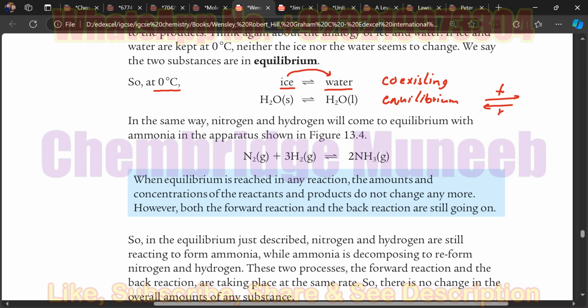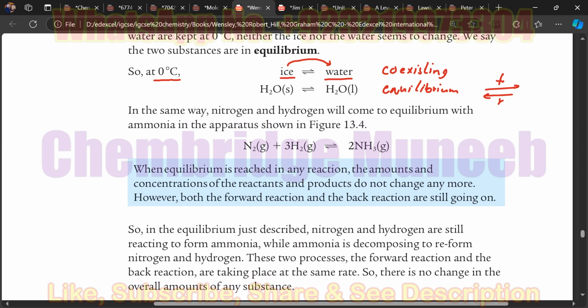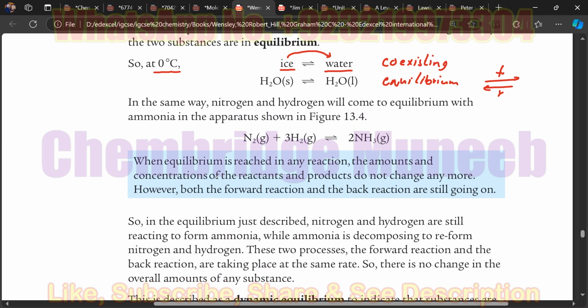Yes. Okay. When equilibrium is reached in any reaction, the amounts and the concentrations of the reactants and products do not change anymore. However, both the forward reaction and the backward reaction are still going on. So what is the property of the equilibrium reaction?